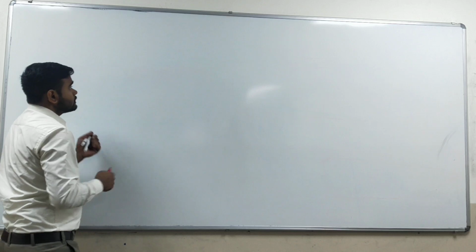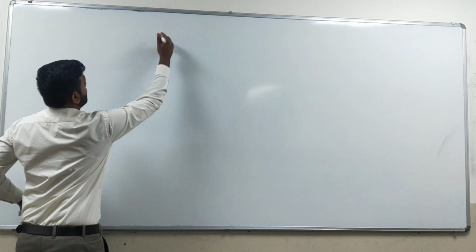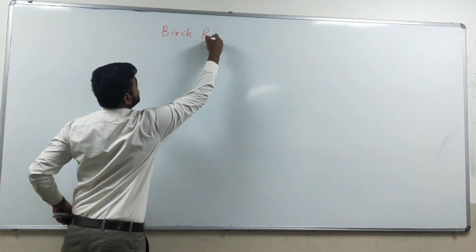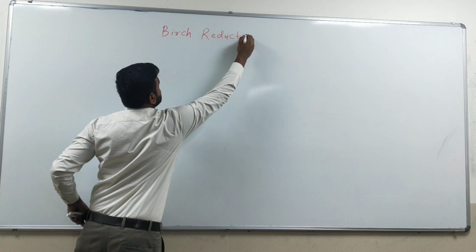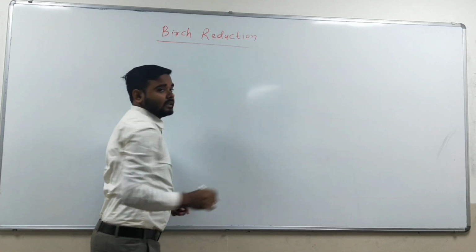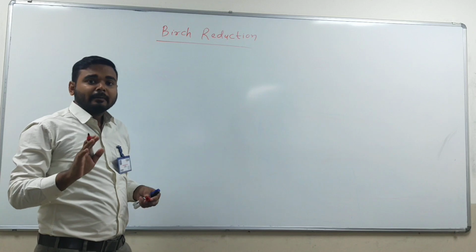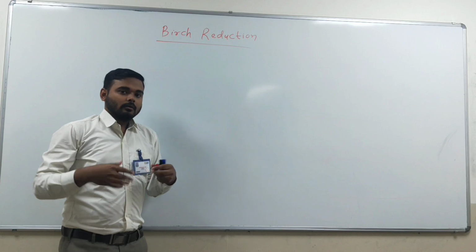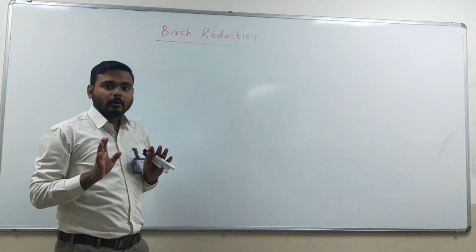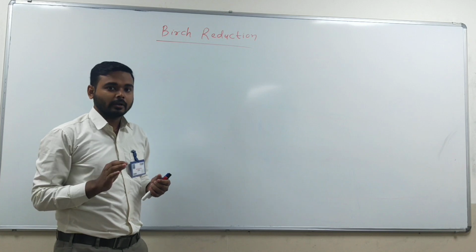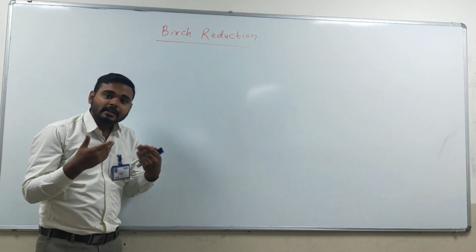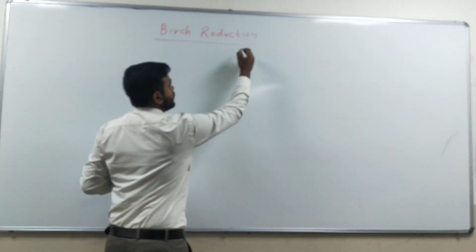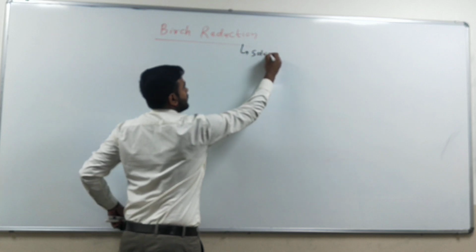So first of all, our today's topic is Birch reduction. Birch reduction is basically a solvated metal reduction. Whenever we are going to study any reduction, we should know about the reagent. Reagent is very important. So in Birch reduction, which reagent are we going to use?